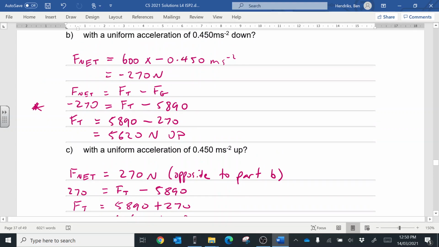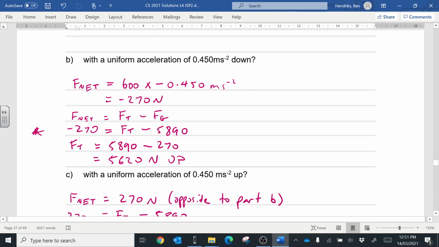This one was uniform acceleration coming down. But if its initial velocity was upwards, then it would be slowing down, coming to rest. If its initial velocity was downwards, then it would be increasing in speed, its velocity would be increasing going down.